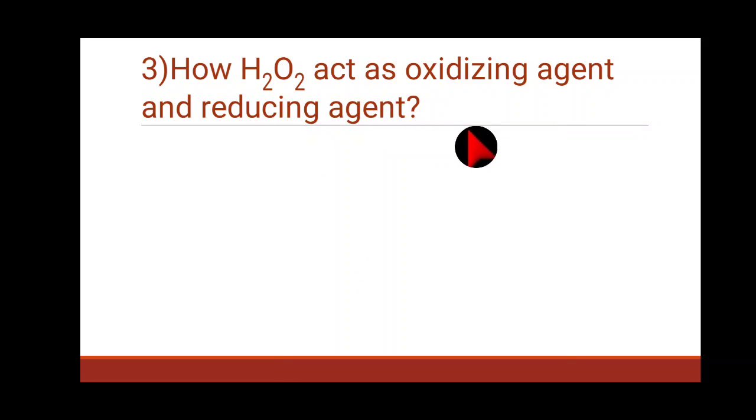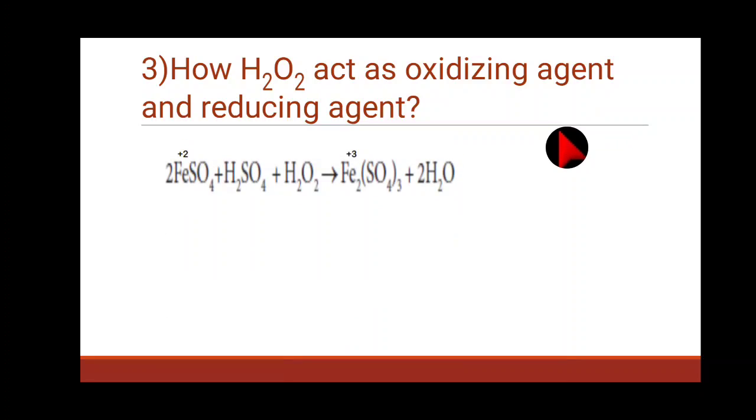How does hydrogen peroxide act as an oxidizing agent as well as a reducing agent? This is the third question, about hydrogen peroxide. Here, oxidizing agent means it oxidizes others and reduces itself.